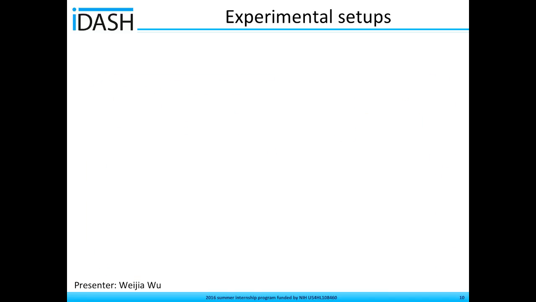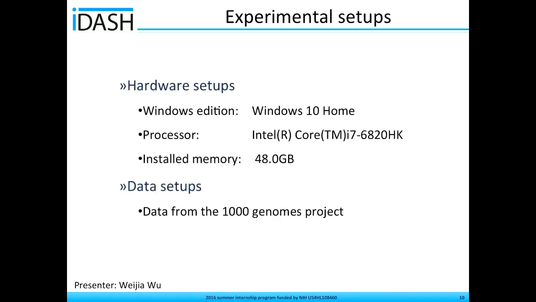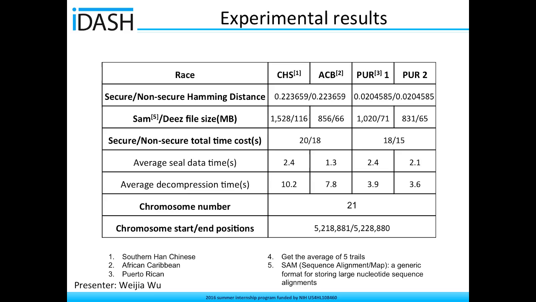Here are our experimental setups, because we want to test this framework and show its performance. From the Windows edition, processor, installed memory, and our data come from the 1000 Genomes project. Here are our experimental results.